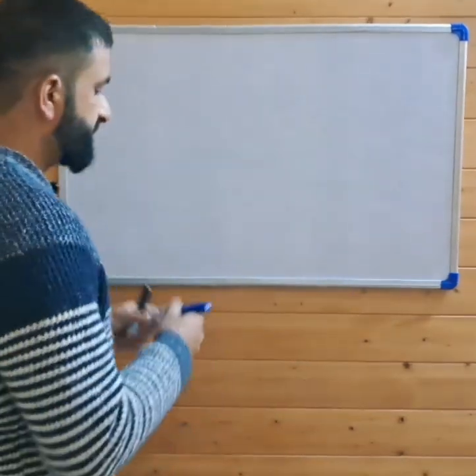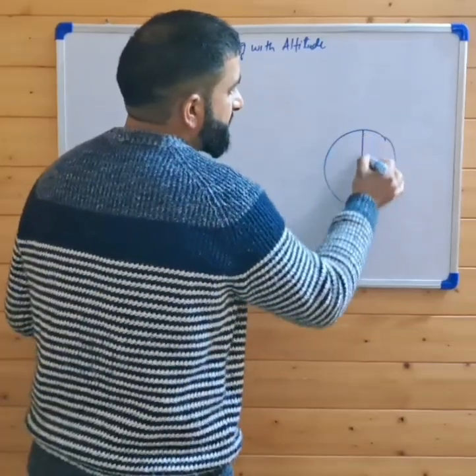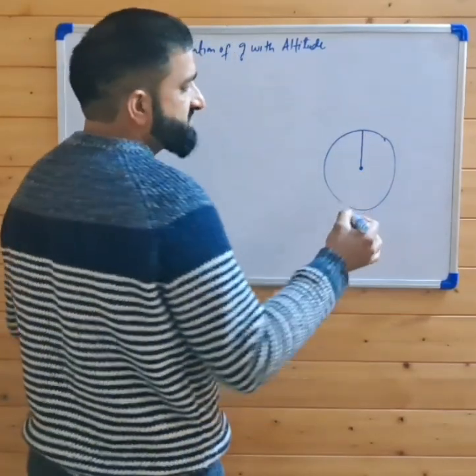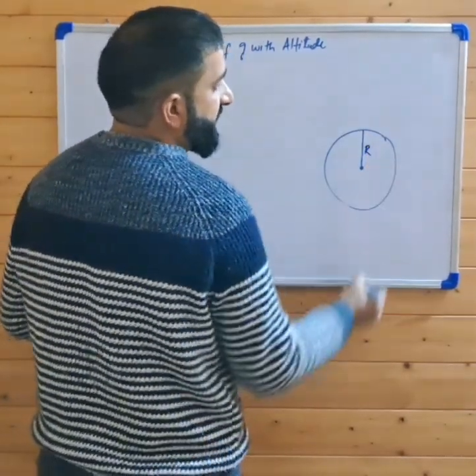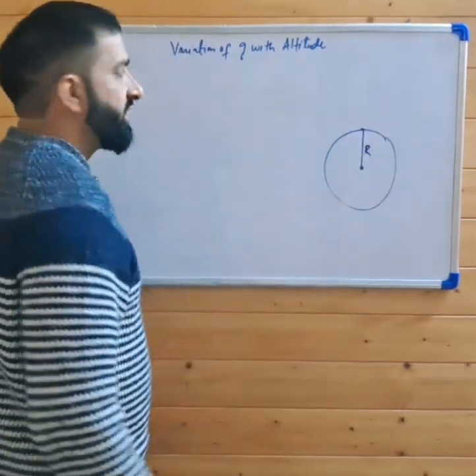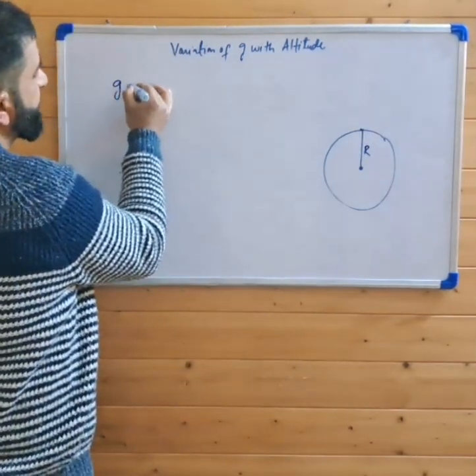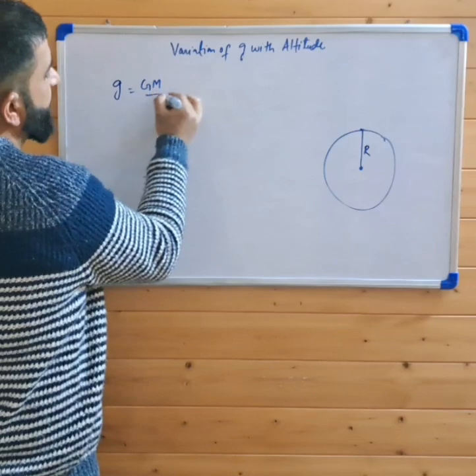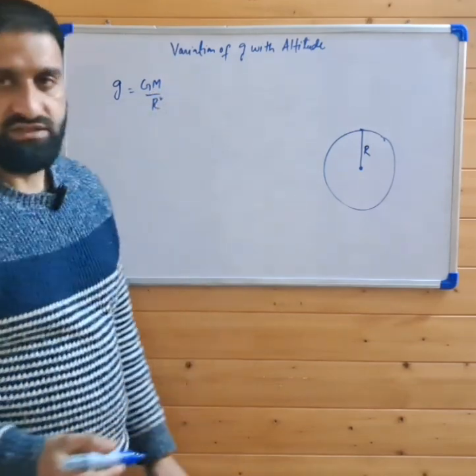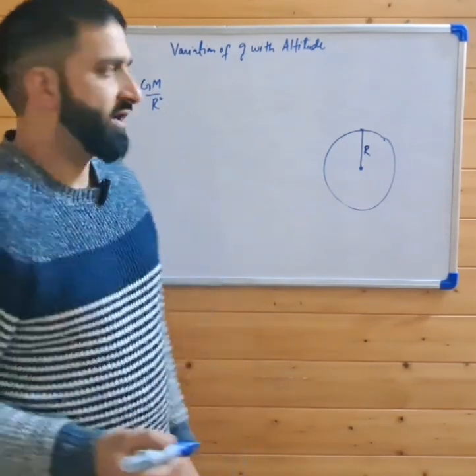Let's take the variation of g with altitude. The earth, taken as a uniform sphere of radius r. At the surface of the earth, the value of acceleration due to gravity g is GM by r square, whose value is 9.8 meters per second square.